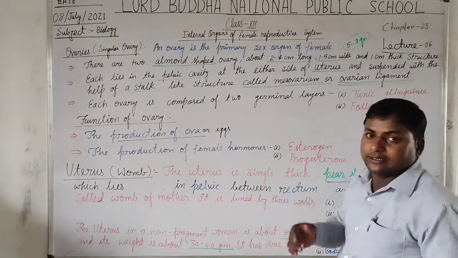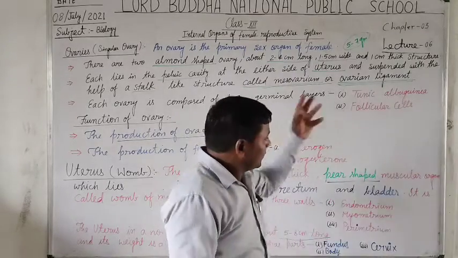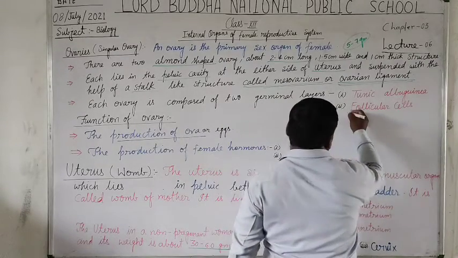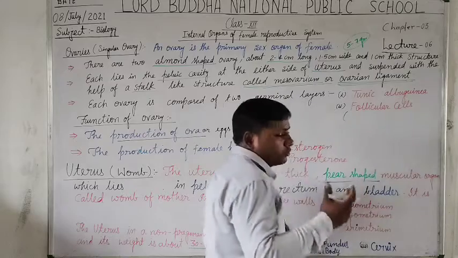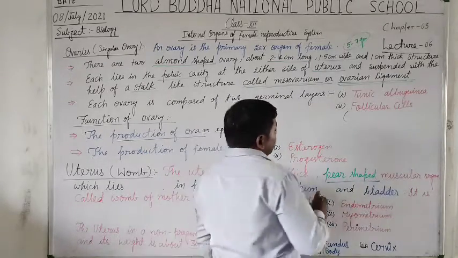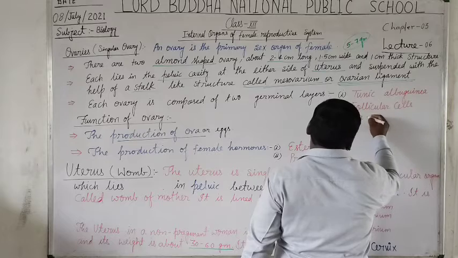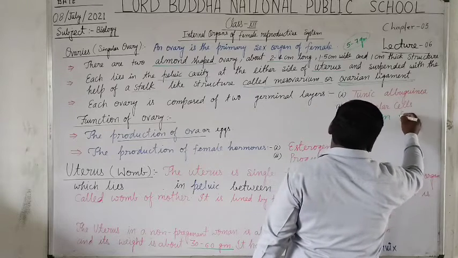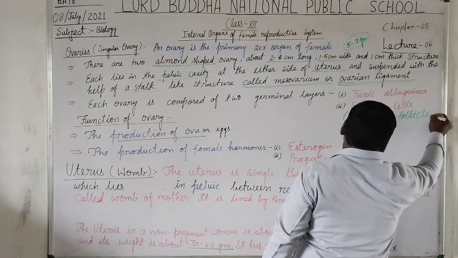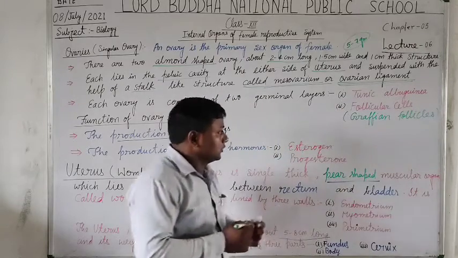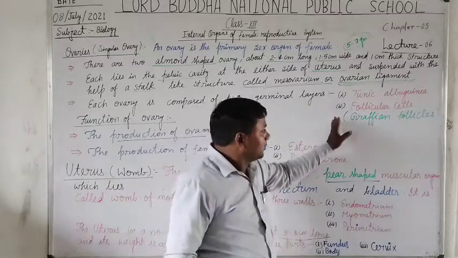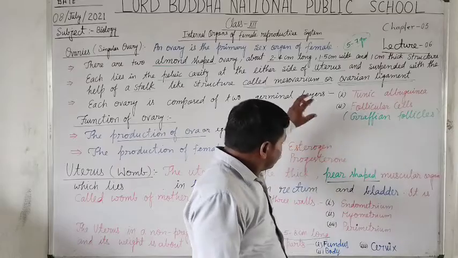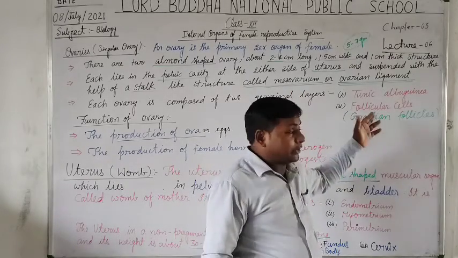Students, in a non-pregnant woman, the follicular cells become so large in number that they are called Graafian follicles. So you should never be confused when these names come together or separately.